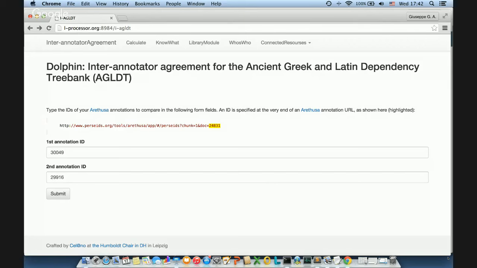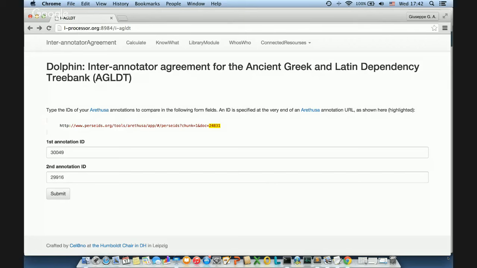For example, this is the website. I simply type here the identifier for the annotation. Each annotation in Arethusa is identified by a URL, and at the end of the URL we have a number which is unique for each annotation.